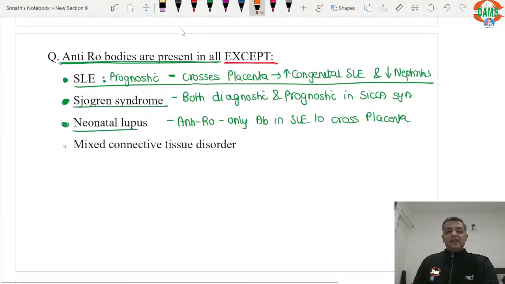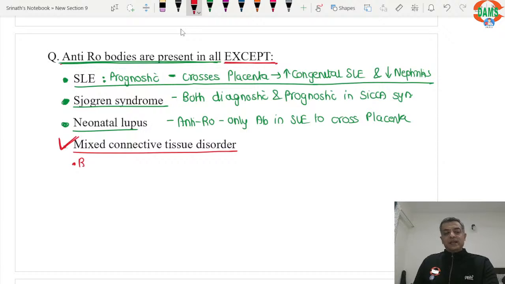But in MCTD, that's not the problem. In an MCTD person, what will they have? For screening, they are both ANA and RA factor positive. But the most specific antibody is anti-U1-RNP.